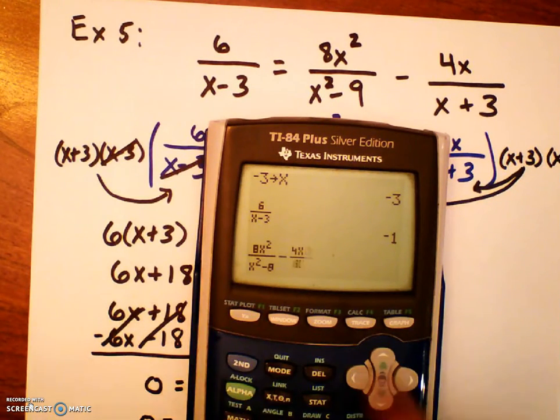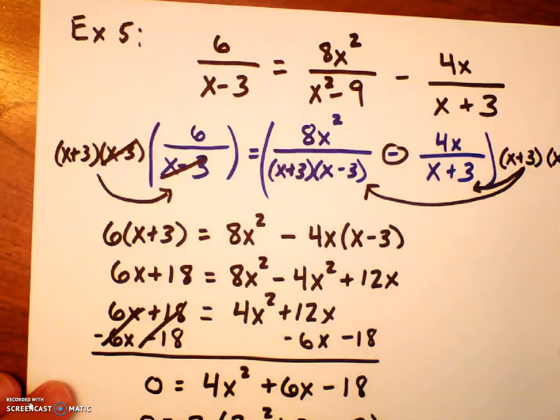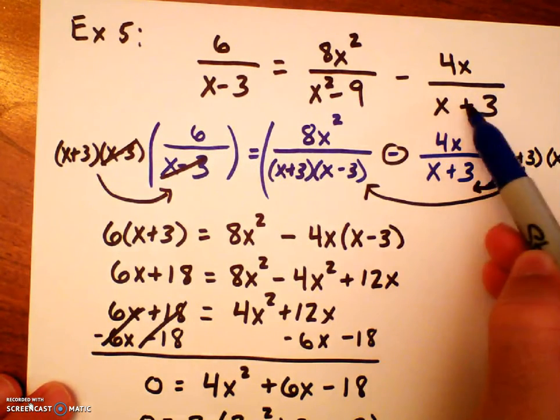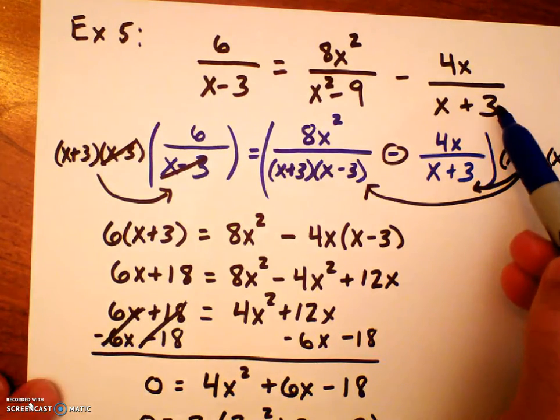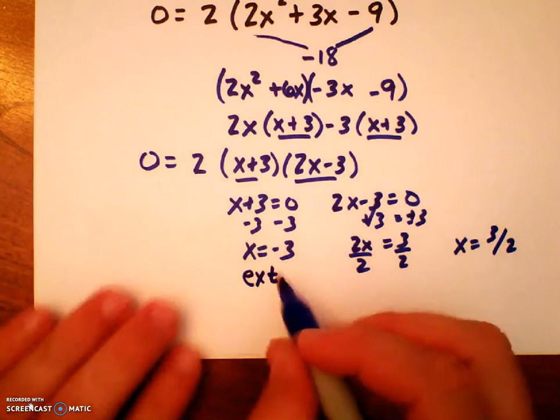You can do that on your own. If I type this in, though, if you notice, it gives me an error. Because what's happening is if I plug in a -3, -3 plus 3 is 0. You cannot have a 0 in the denominator. So this is an extraneous solution. That is not actually one of our answers.